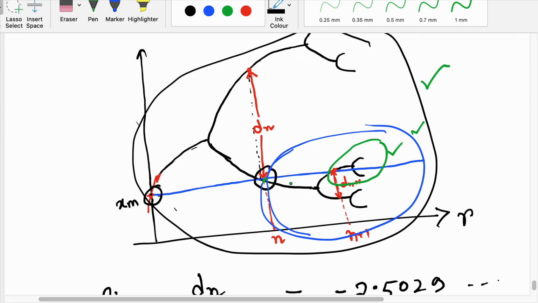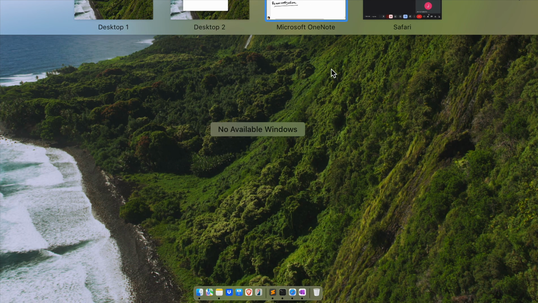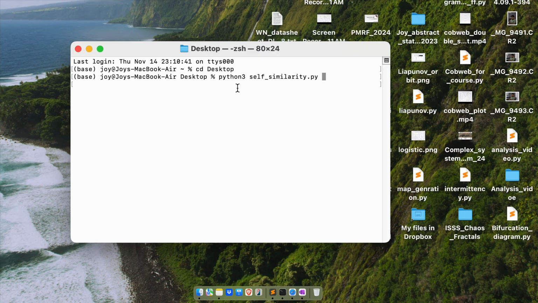That is the theory of renormalization. So we will now study renormalization. Let me first show you some bifurcation diagrams.